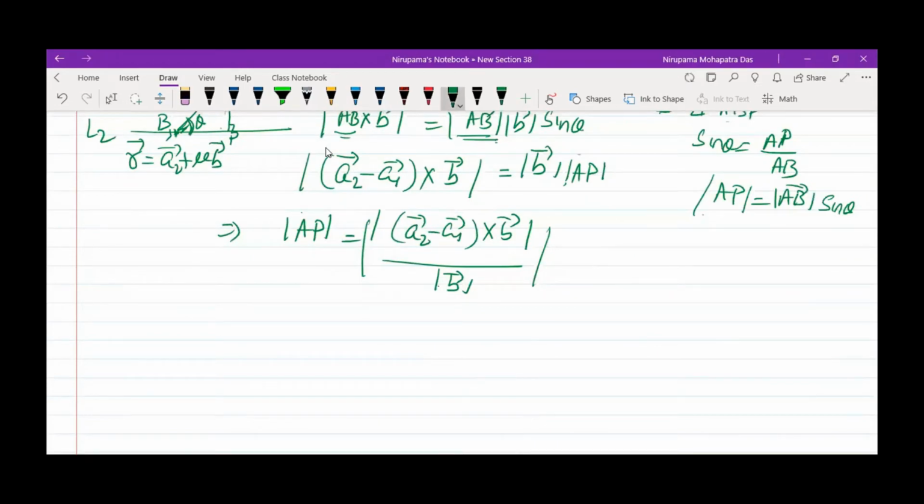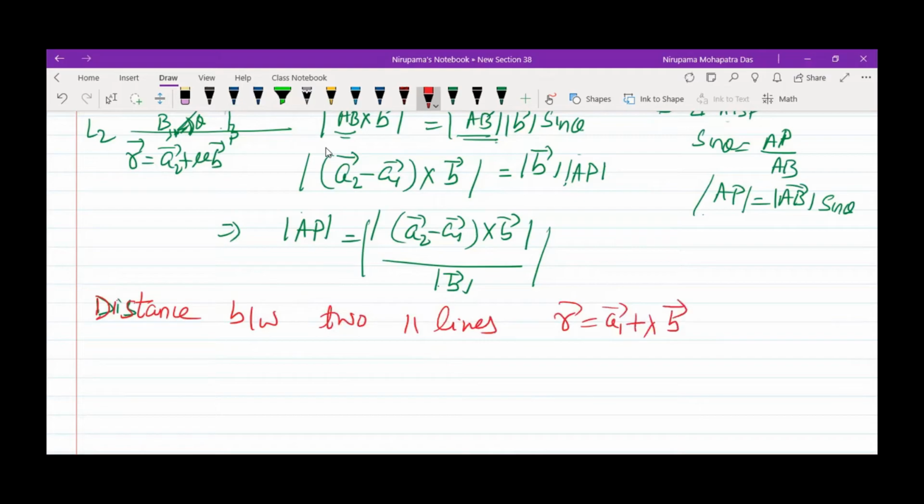So you can conclude that the distance between two parallel lines r equal to A1 plus lambda B vector and r equal to A2 plus mu B is magnitude of B cross A2 minus A1 divided by magnitude of B vector.